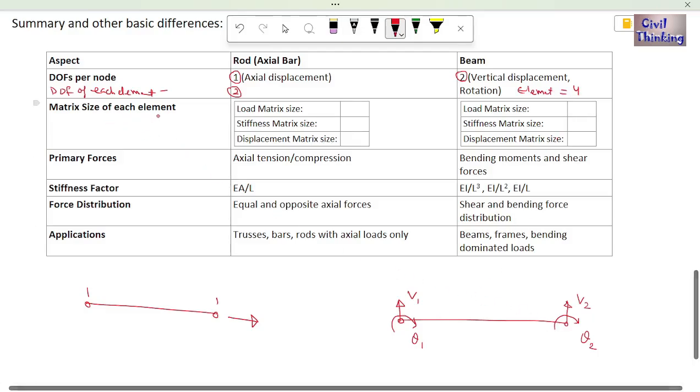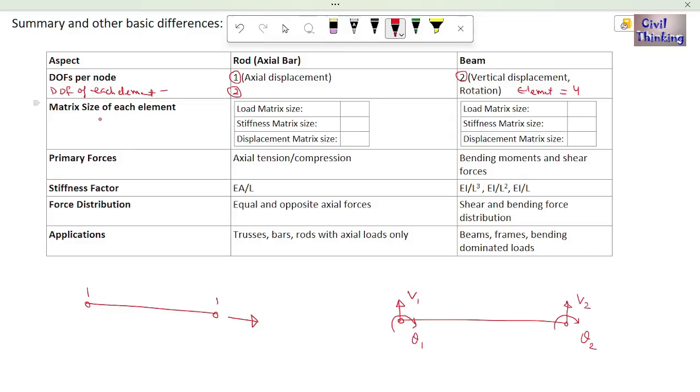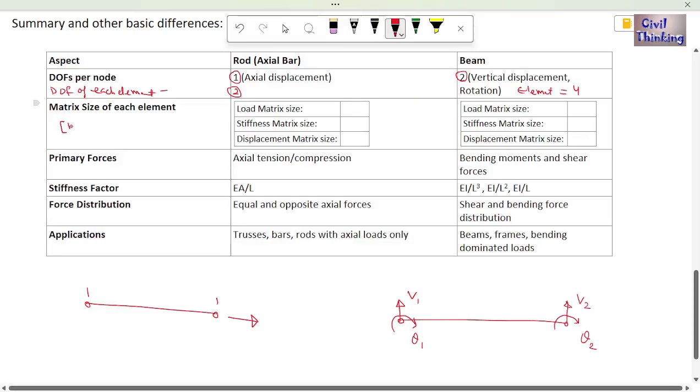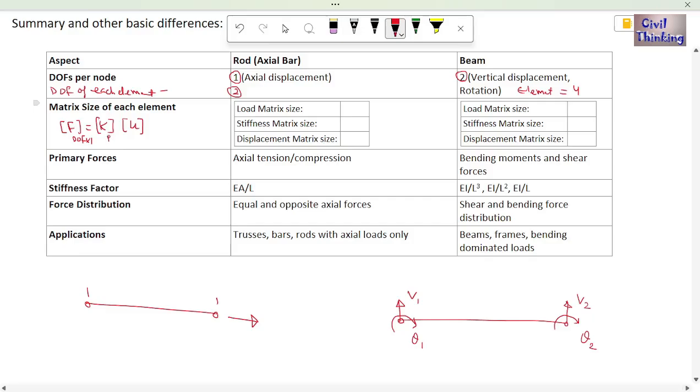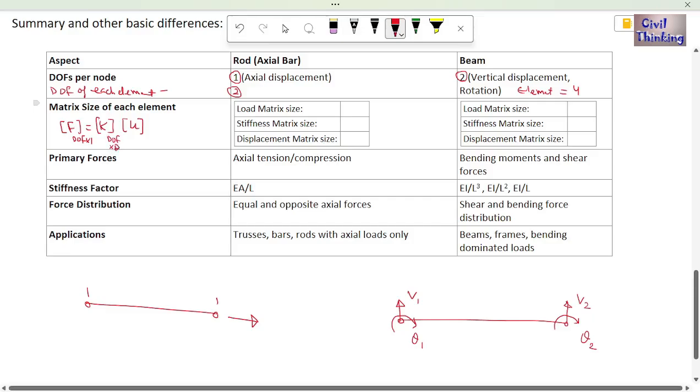Now the matrix size of each element, what is the matrix size? For a load matrix, let me write the stiffness equation. F is equal to K U, right? Now here the order of the force matrix is degree of freedom times 1, and for the stiffness matrix, degree of freedom times degree of freedom.